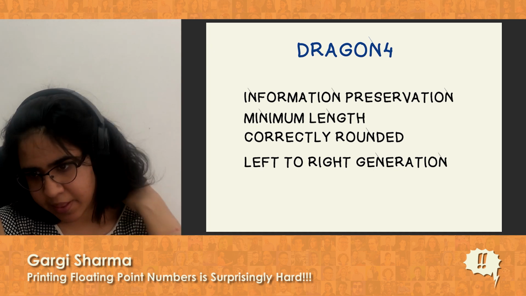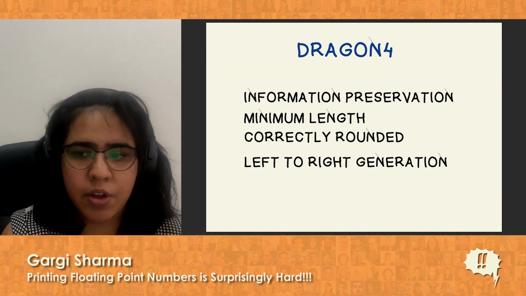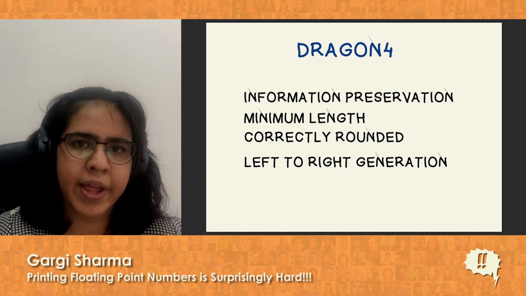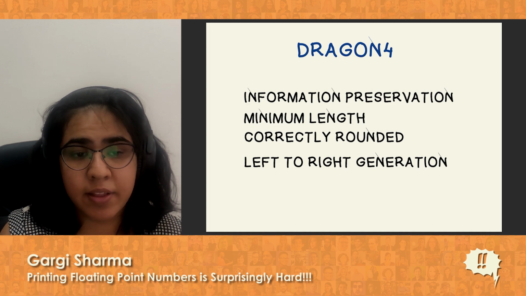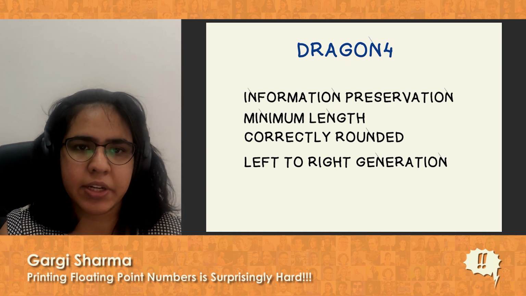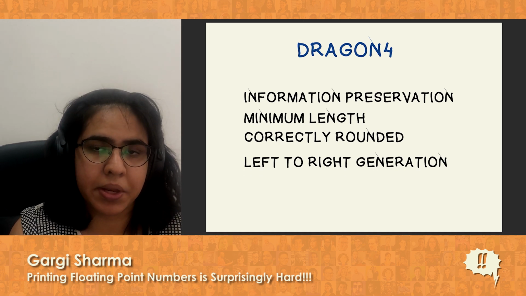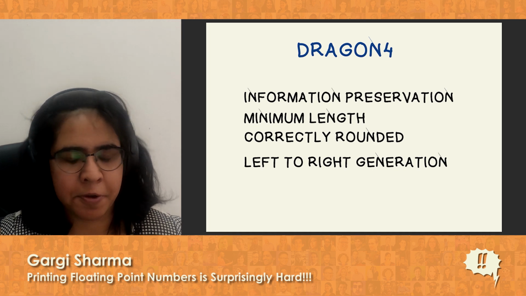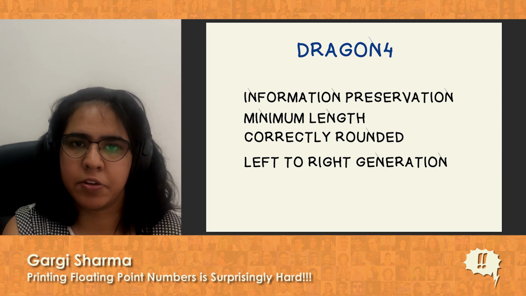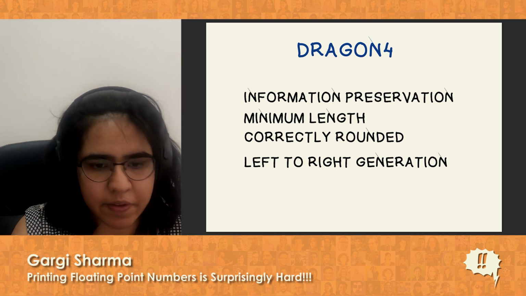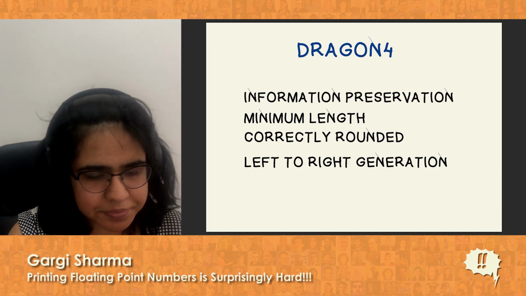Second is minimum length, which means that in the interval you get the shortest number possible. Third, correctly rounded meant even rounding, and fourth, left to right generation, where you start generating the decimal digits from left to right.